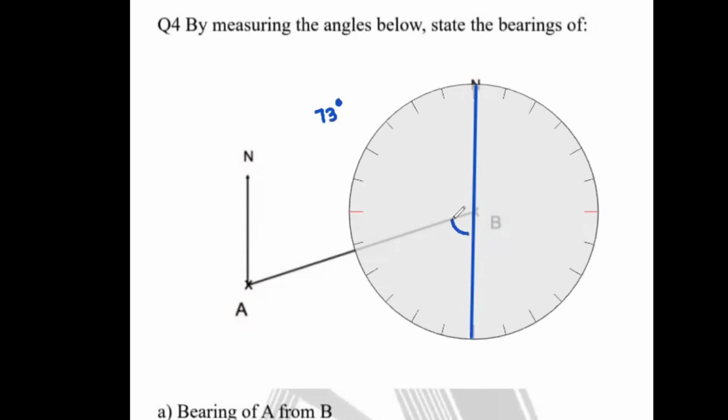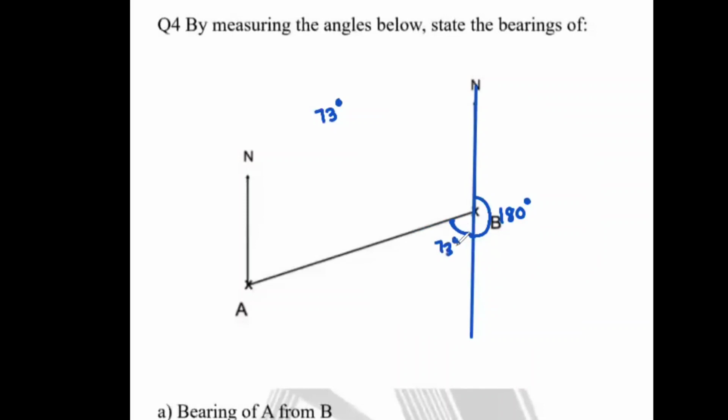If this part is 73 degrees and we want to calculate this whole, that means this whole is going to be 180 degrees plus 73 degrees. Bearing of A from B will be 180 plus 73, as I don't have complete markings, so approximately it's going to be 73. 180 plus 73 degrees will be 253 degrees.